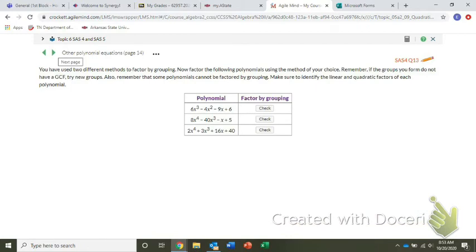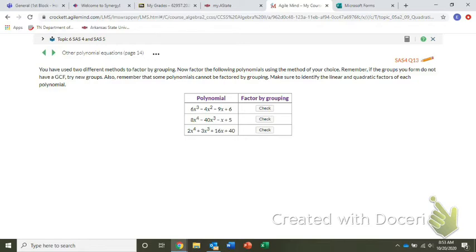All right, on number 13, we are going to do 13A and 13B.